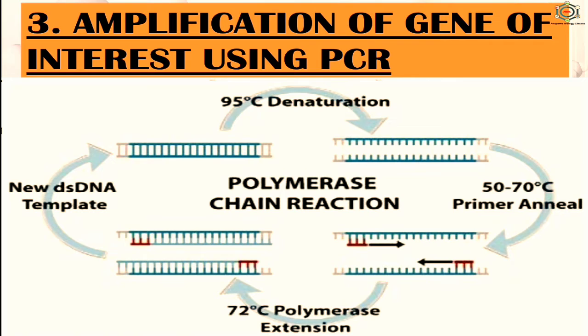If these cycles are repeated many times, the DNA segment can be amplified approximately a billion times, that is, 1 billion copies of the desired DNA segment are made. If required, the amplified fragments can be ligated with a vector for further cloning. So, this is the complete process of amplification.